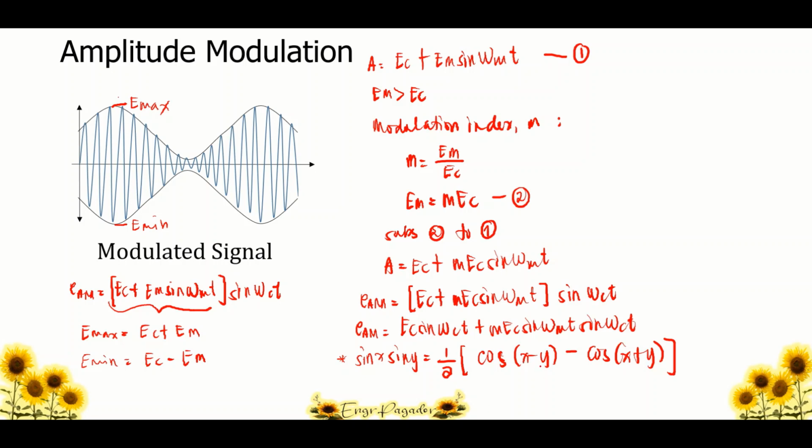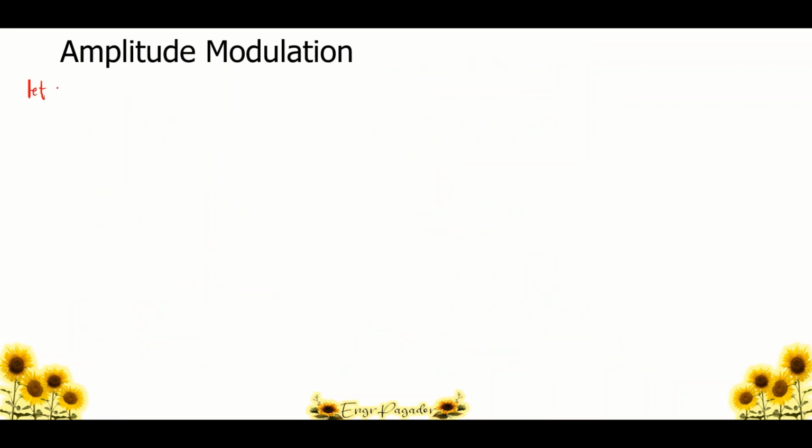Since the variables we used here are omega sub ct and omega sub mt, let us denote x as omega ct and y as omega mt. So, on the next slide, let x be equal to omega sub ct and y be equal to omega sub mt. If we rewrite our equation for the amplitude modulated signal, we have EAM equal to EC sine omega ct.